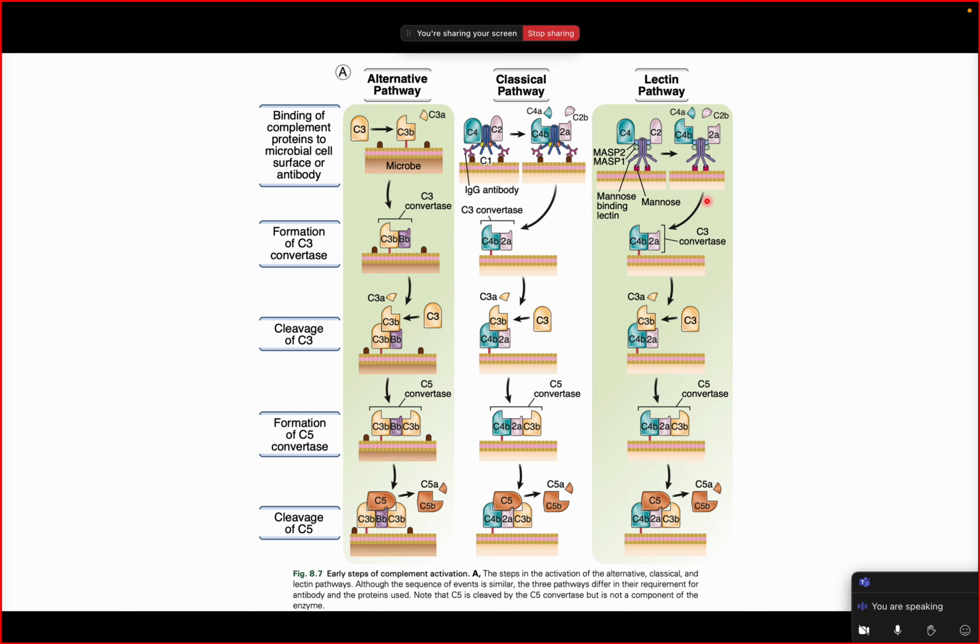And it doesn't mean that when the complement system is active, the humoral immunity or the antibody-associated immunity is not taking place. Remember, the ultimate aim is to clear the infection as soon as possible.